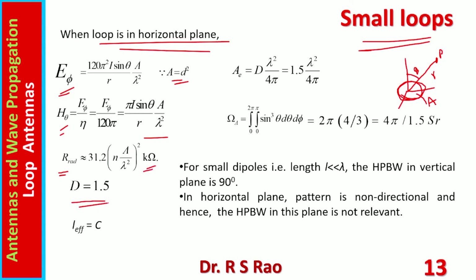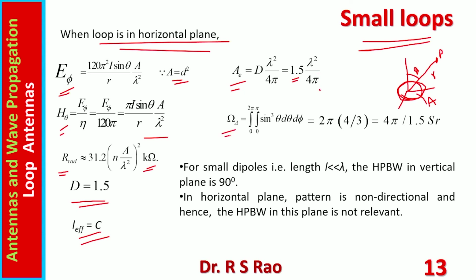Directivity can be found equal to 1.5. Effective length can be found equal to C, the circumference. Effective area is D lambda squared by 4 pi. D is 1.5. Therefore A_E for the small loop becomes 1.5 into lambda squared by 4 pi.